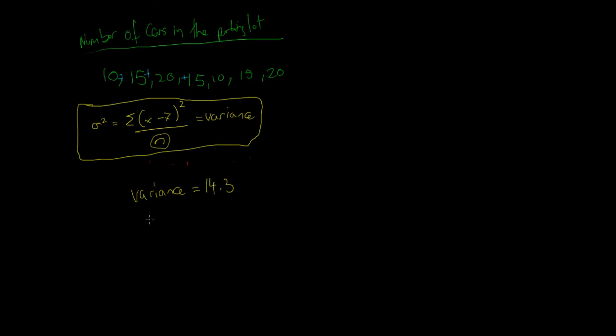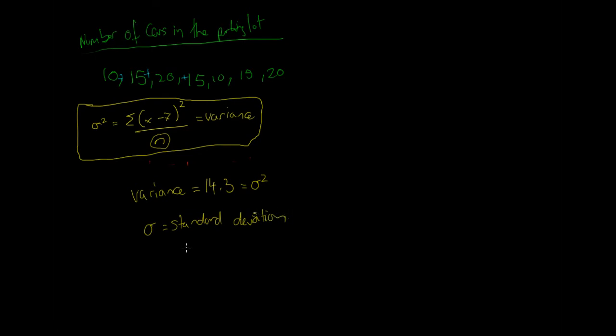Now the variance is the standard deviation of the sample squared. So I denoted variance as this sigma squared. We often denote our standard deviation as just a plain sigma.